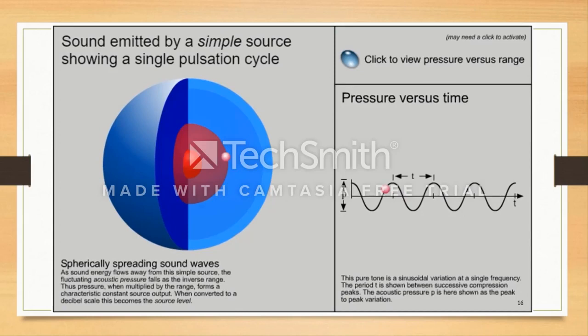And as you see here we have a pure tone, a sinusoidal variation at the signal frequency, where the duration between two peaks is the period T, and the vertical axis is pressure.